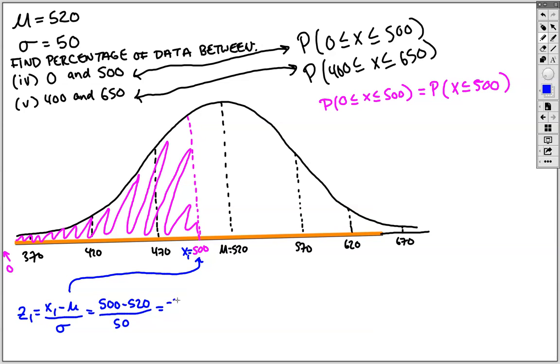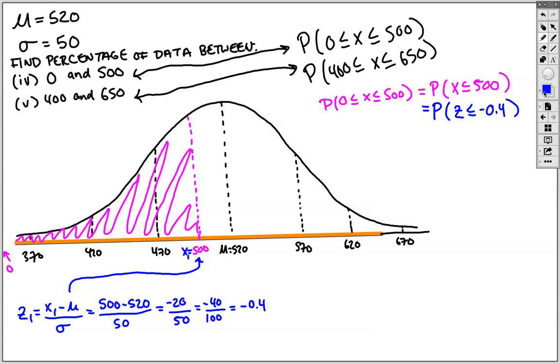So that's negative 20 over 50, which is negative 40 over 100, the same thing. So it's negative 0.4. So z1 is negative 0.4. Essentially, the probability that x is less than 500 is the same as the probability that z is less than or equal to negative 0.4.